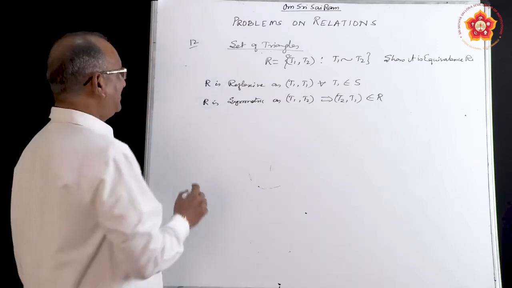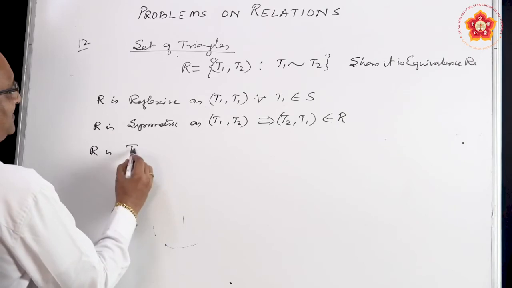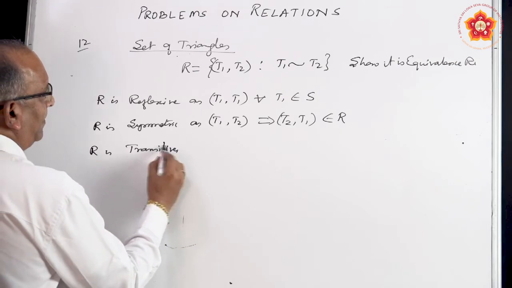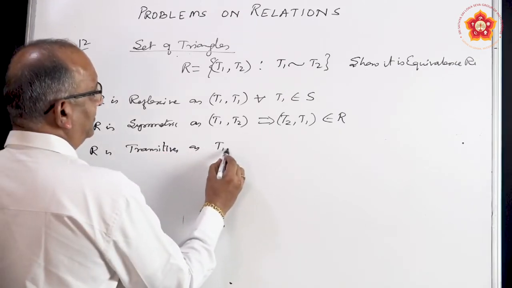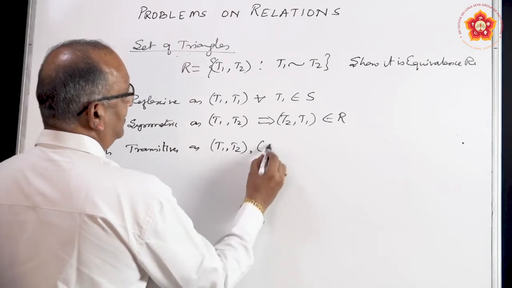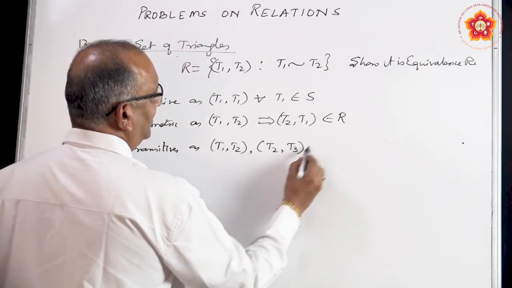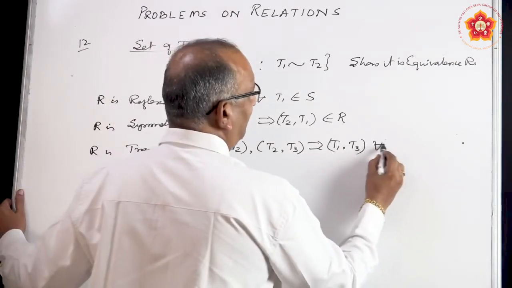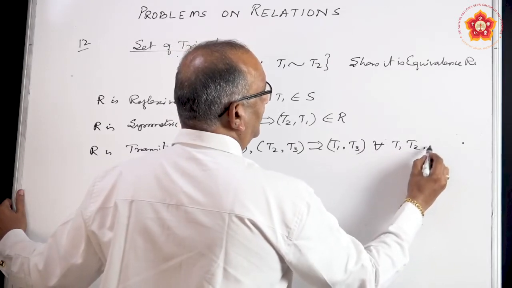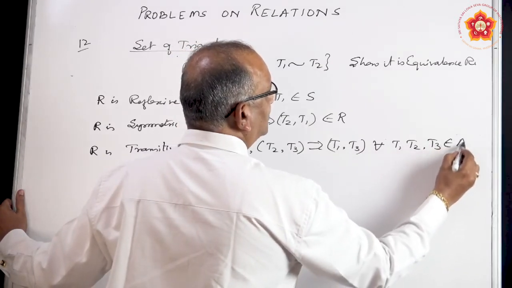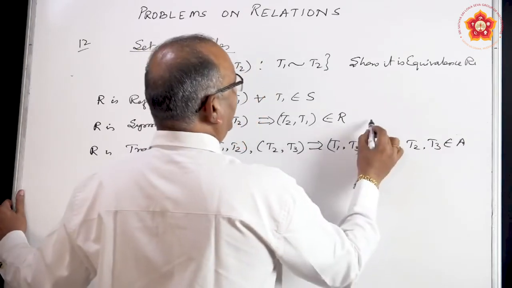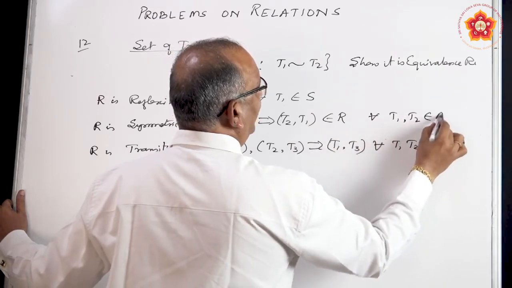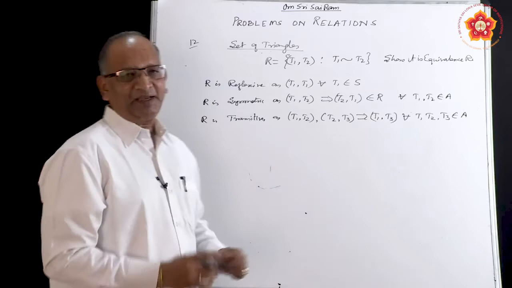Come to the transitivity. R is transitive, as we find (T1, T2), (T2, T3) implies (T1, T3) for all T1, T2, T3 belongs to A. What is this particular relation telling?